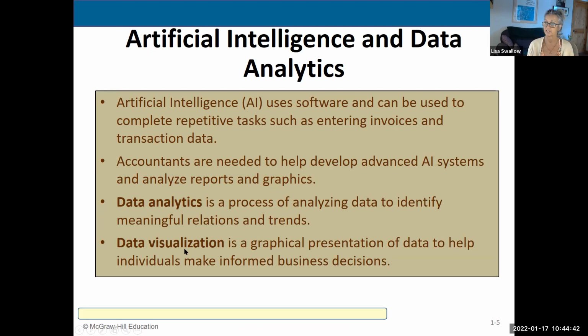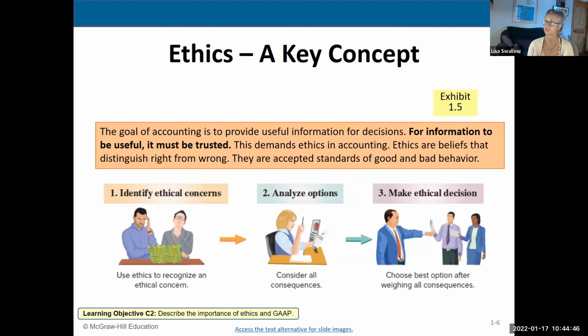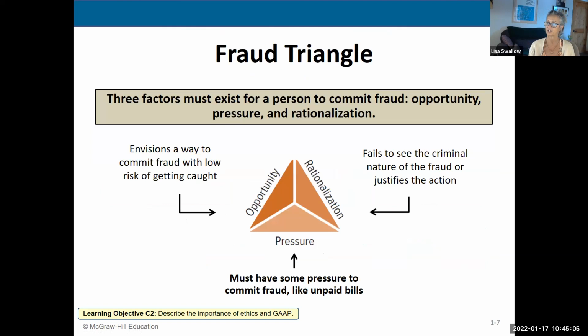And these are definitely the wave of the future to make high-level decisions. Of course, the thread that runs through all of our work is of high ethical paramount concern. So that's a whole other class, business ethics, but it's inherent, obviously, in thoughtful and trusted accounting information.